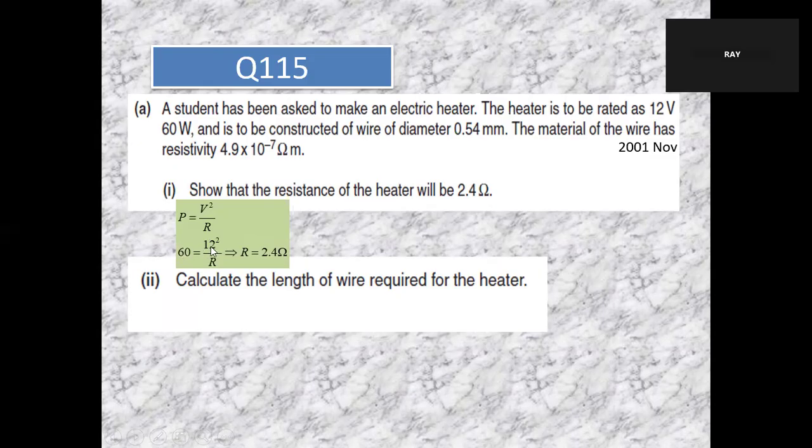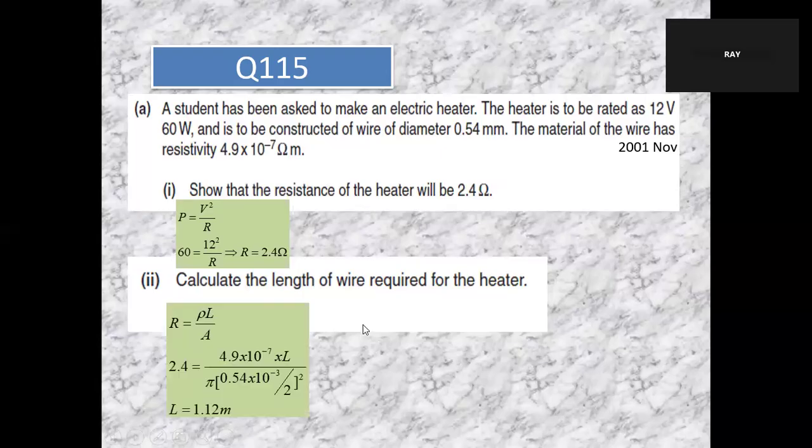Then calculate R, which is 2.4. Then calculate the length, so this one has to use the resistivity formula. R is 2.4 from here. Pi r squared, the diameter is given, so you have to change it to meters, divide by 2, then square it.